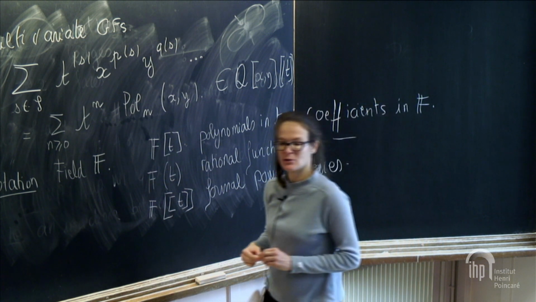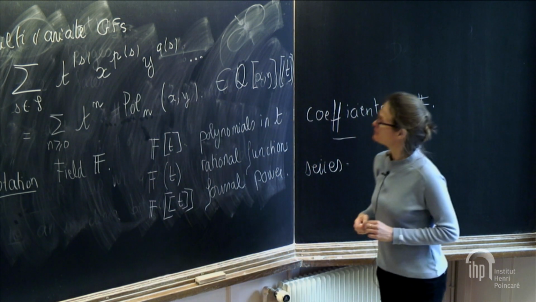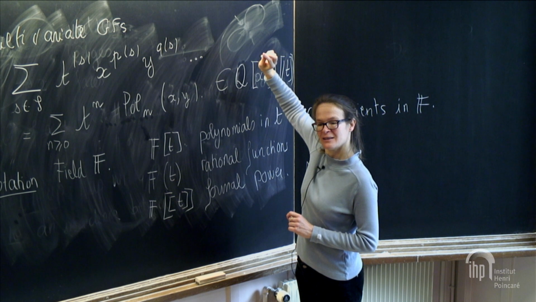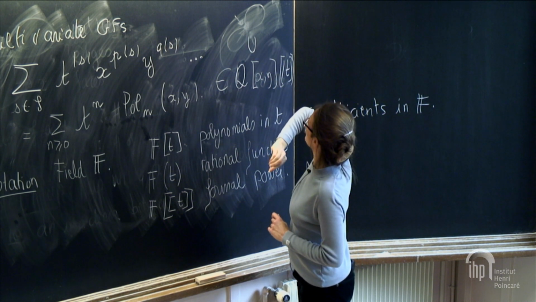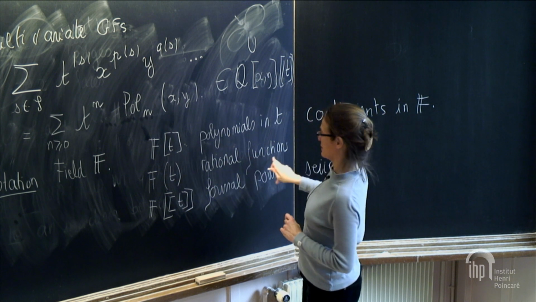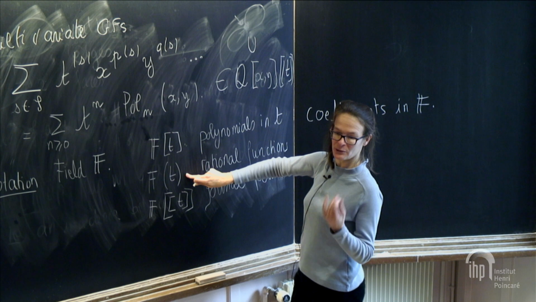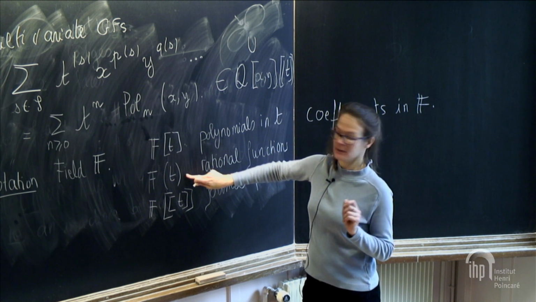Yeah, but sometimes I take reciprocals, but in practice, this includes some Laurent series, if you want, where you can have finitely many monomials with a negative power of t.